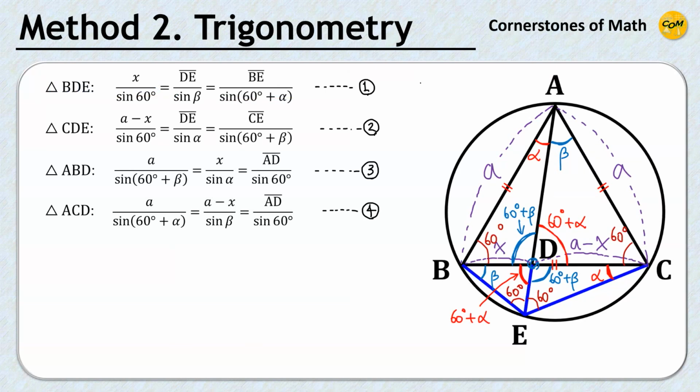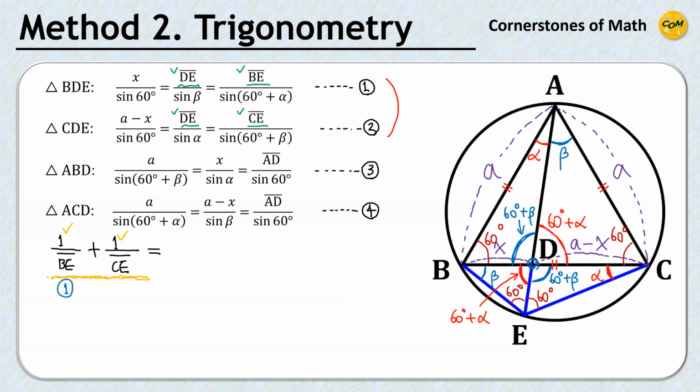So we have these, and let us take a look at the first two equations. Equations 1 and 2 contain lengths BE, CE, and DE, which means that we can express BE and CE in terms of DE. We want to prove the relation involving 1 over BE plus 1 over CE. So let's express 1 over BE and 1 over CE in terms of DE.